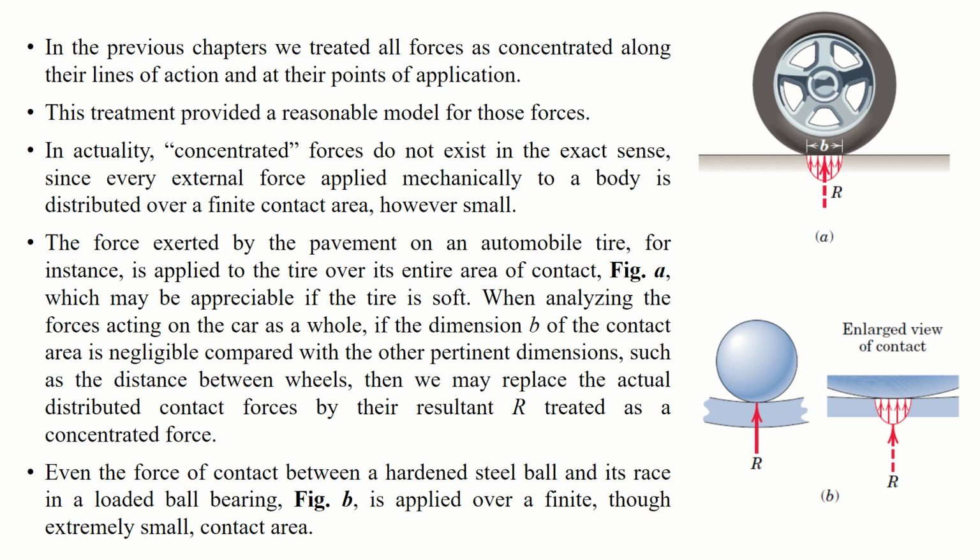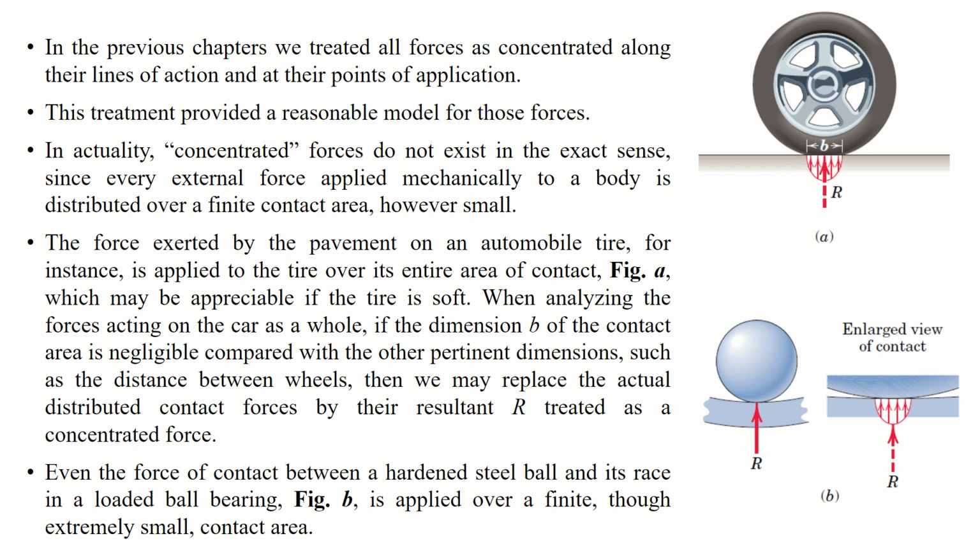The force exerted by the pavement on an automobile, for example on an automobile tire, is applied to the tire over its entire area of contact, which may be appreciable if the tire is soft.